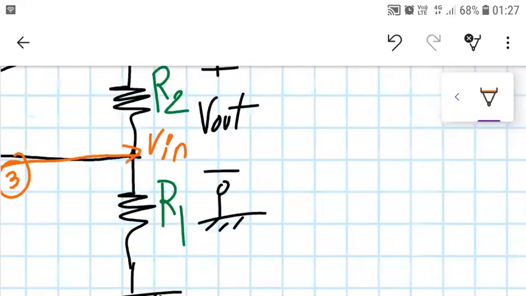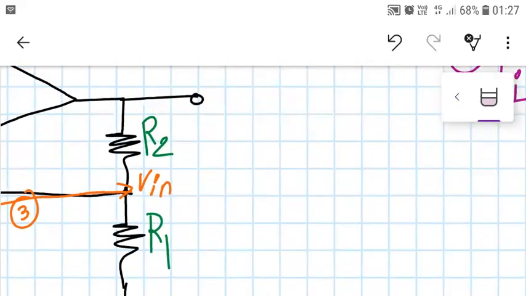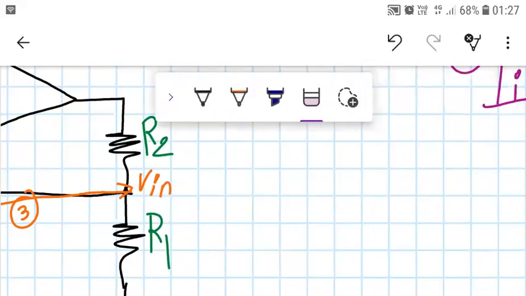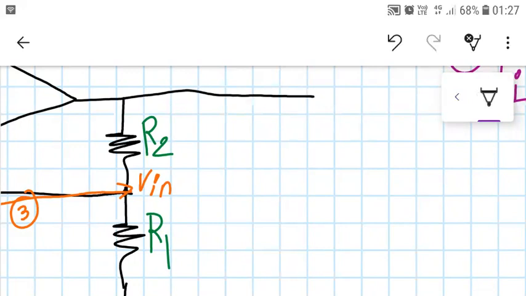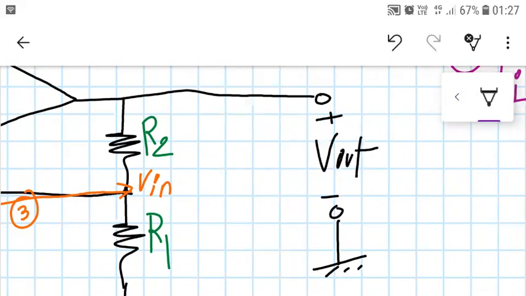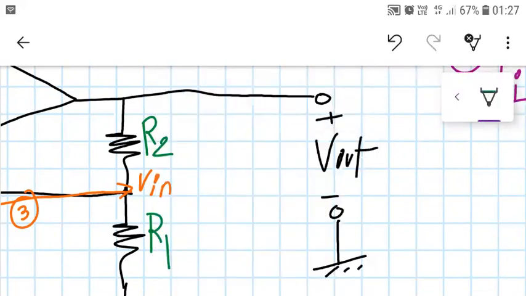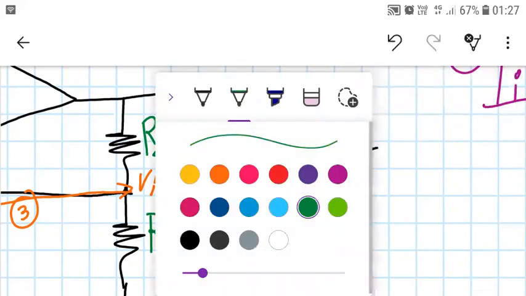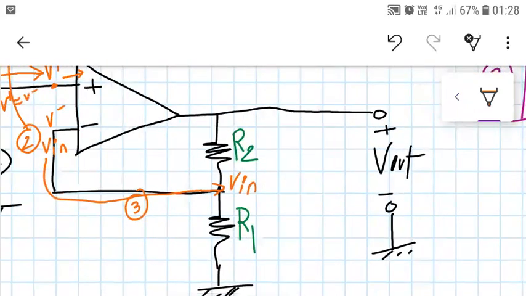Let me extend this V out terminal a little. Okay, so that will help a lot. Let me select the color as orange now. Okay, fine. So step number 3 is, this V minus will reach this point.